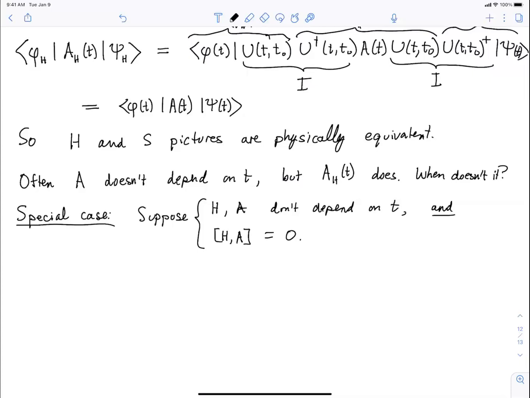But suppose those things are true. Then since the Hamiltonian doesn't depend on time, the unitary operator is, as we said, just this thing.